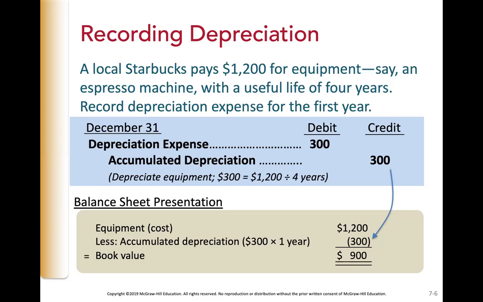Do not ever record a depreciation journal entry with a credit to the asset account, such as equipment. You want to keep these separate. You want to be able to look and see how much the equipment originally cost and how much depreciation you have taken on it. You have to record the depreciation journal entry as a debit to depreciation expense and a credit to accumulated depreciation.